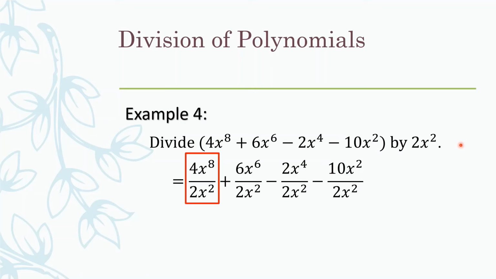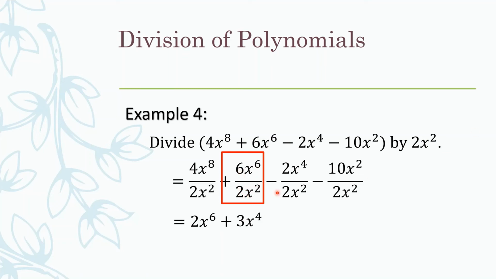So, divide natin isa-isa. So, 4 divided by 2 just equal to 2. Then, using quotient rule, it's x raised to the 8th power. So, minus lang yung exponent. 8 minus 2 is just equal to 6. Then, next, plus. 6 divided by 2 is 3.